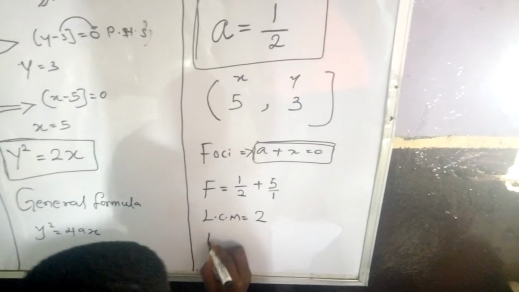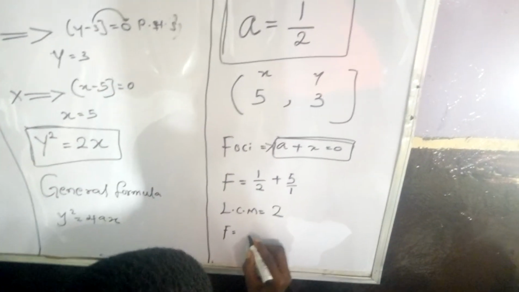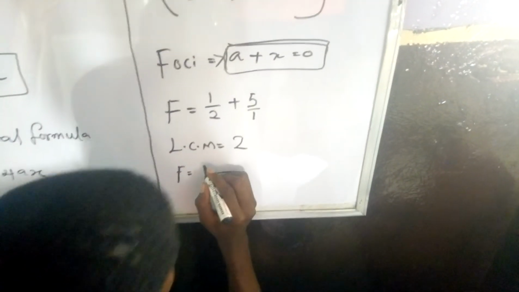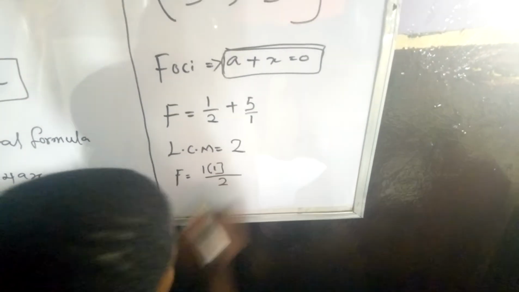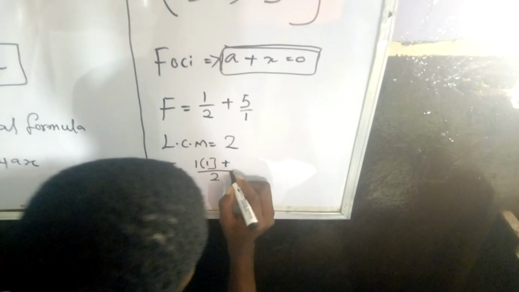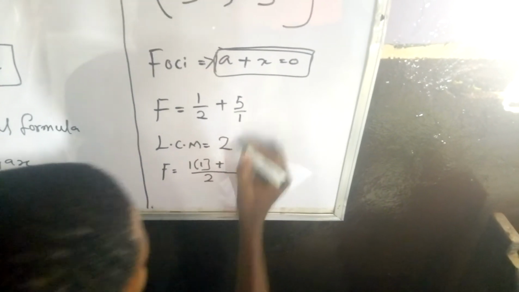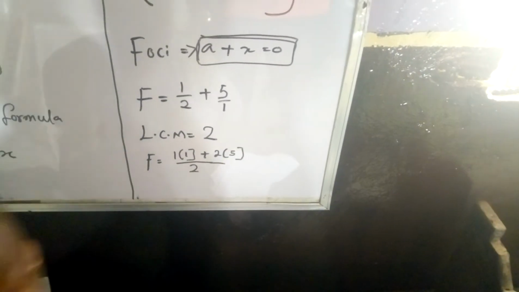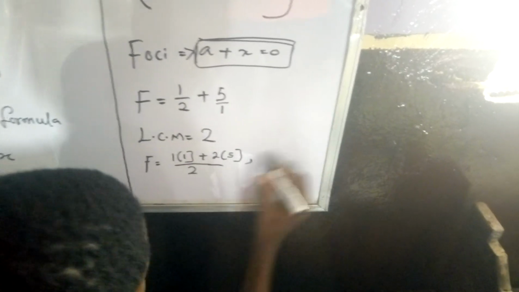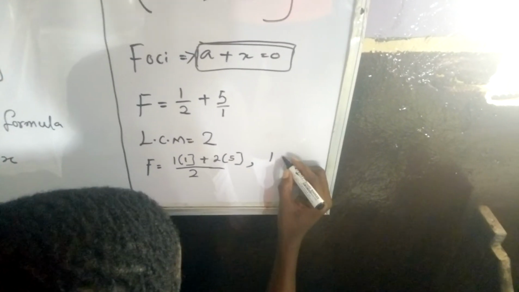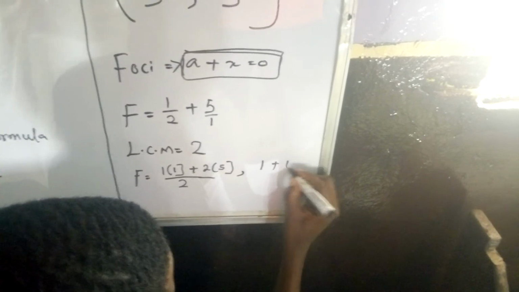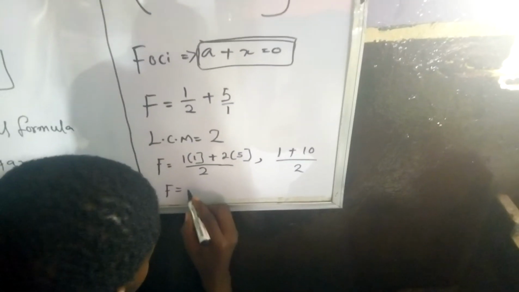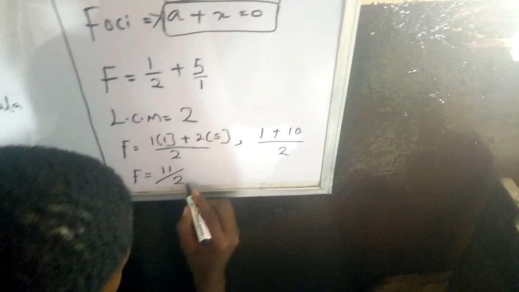Then we are going to have f equals 2 into 1, 1 times 1, plus 2 into 1, 2 times 5. That means we are going to have 1 times 1, 1, plus 2 times 5 is 10, over 2. Our f is 11 over 2.